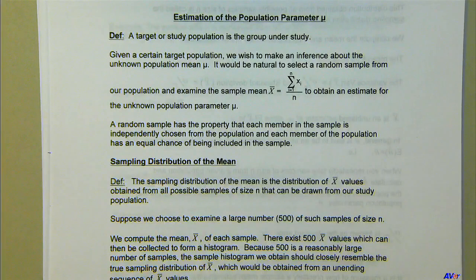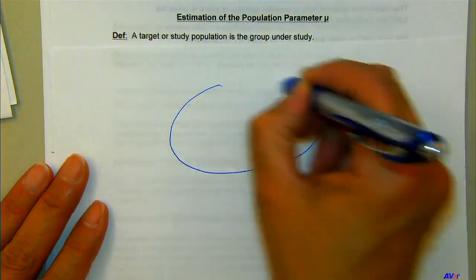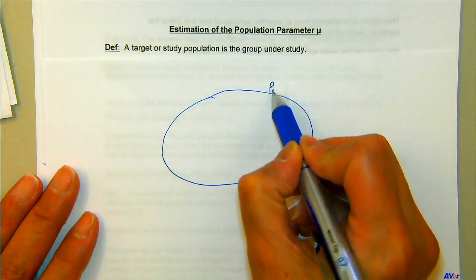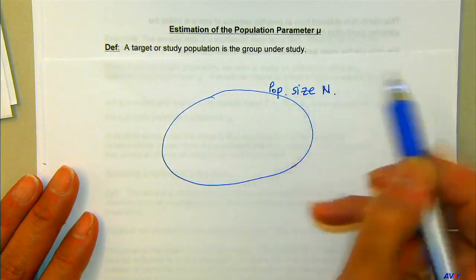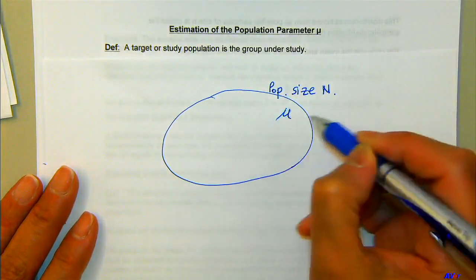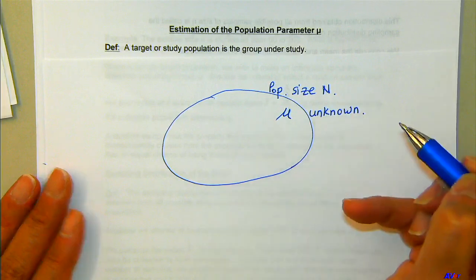So let's say that you have a large population and the mean of that population is unknown. I have a population of size capital N, and I want mu, but it's unknown. Population mean is unknown.